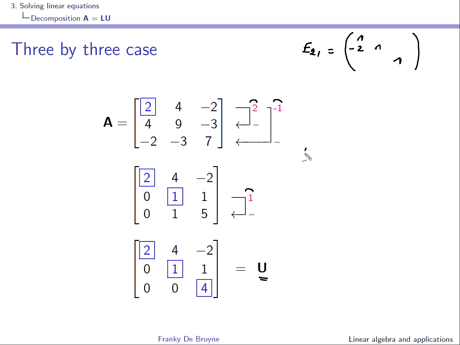Okay, so we can do the same thing for E31: identity matrix, where we take the opposite of the multiplier, so we'll have a 1 over here, and also matrix E32: identity matrix, we are creating a 0 over here, so we take minus the multiplier, so it's a minus 1.